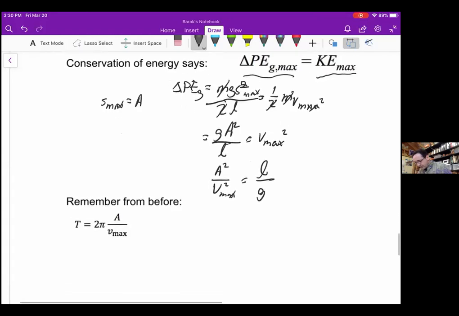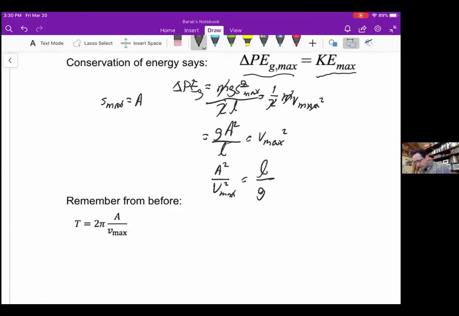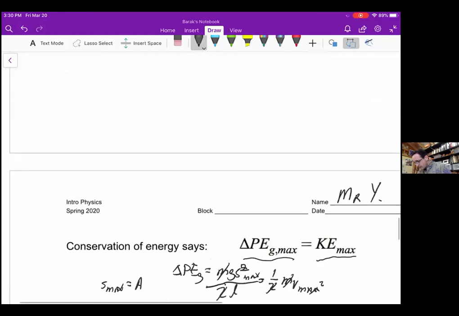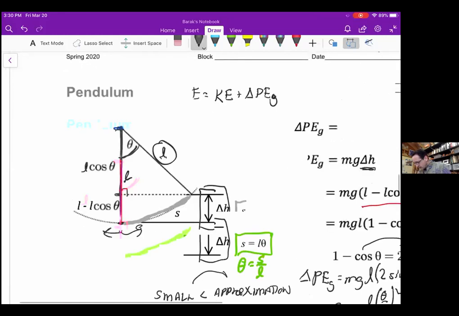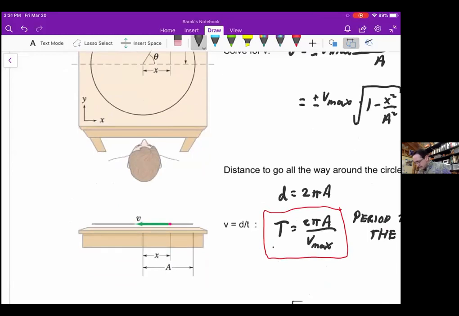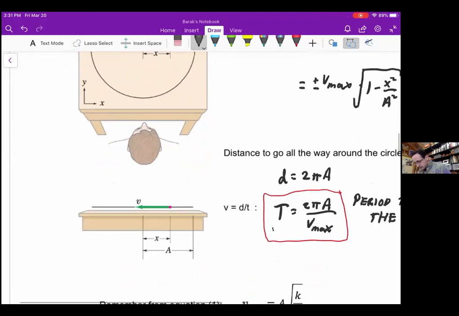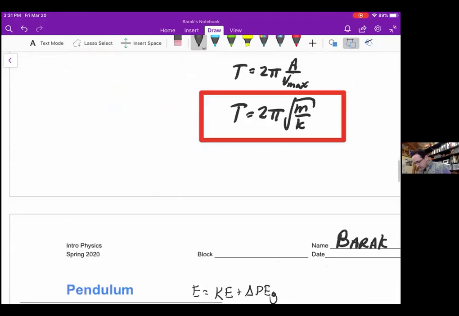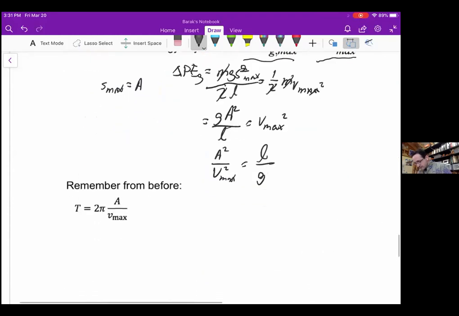Okay, and remember from before, when we were having the particle going around in the circle, we said that the period is 2 pi A over v max. And that's just because we know the geometry of the particle going around in a circle.